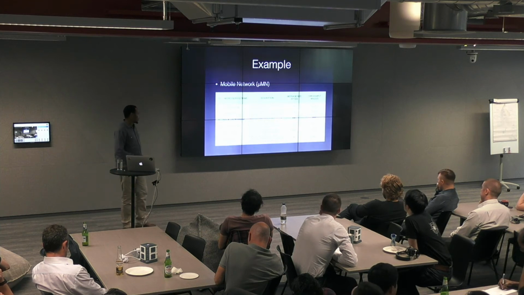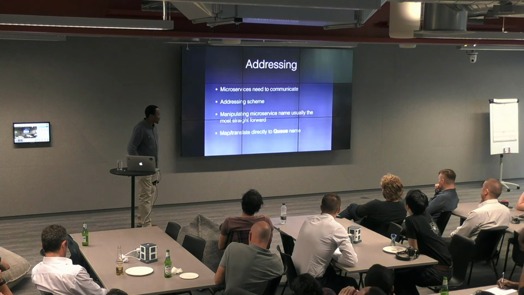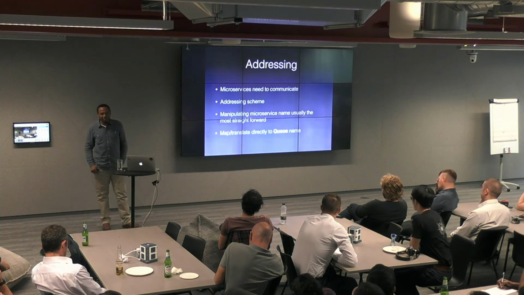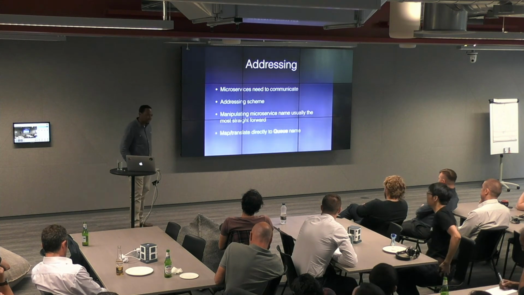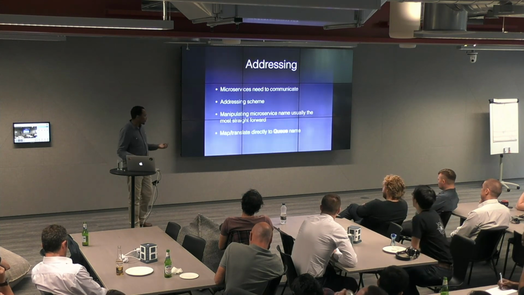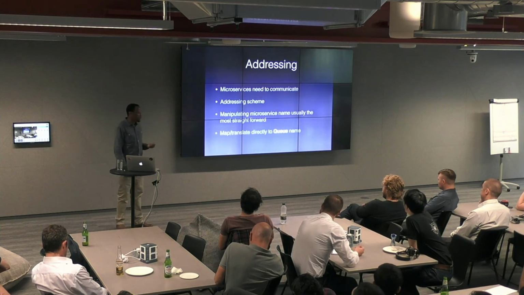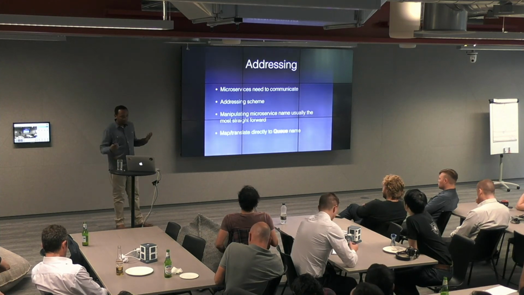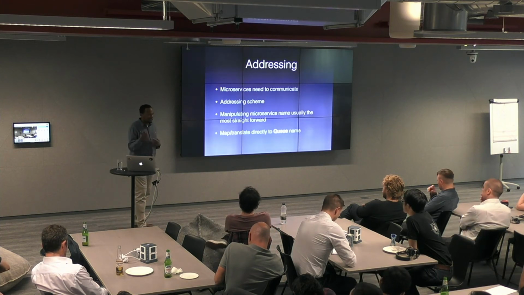So like in any communication system, be it radio systems, whichever communication system you're building, the first thing that you always look at is your addressing scheme. You just want to come up with a way of deciding how I am going to interact with this remote endpoint or system.